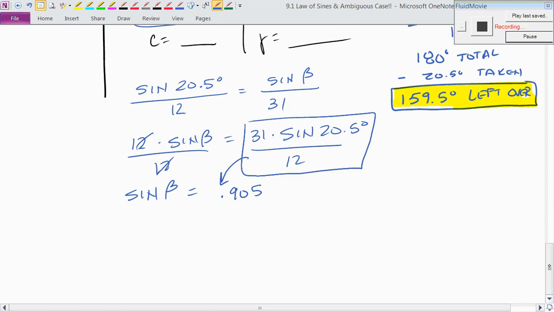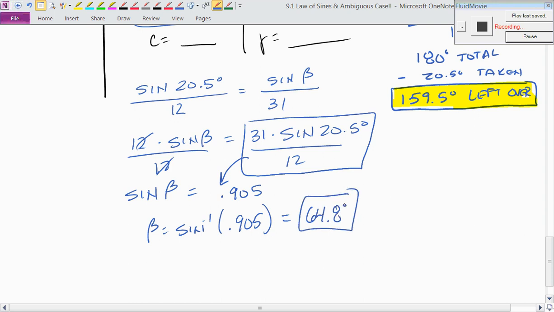Now, how do I get beta if the sine of beta is 0.905? Very good. Beta must be the inverse sine of 0.905. Tell me what you get when you do that. 64.8 degrees.